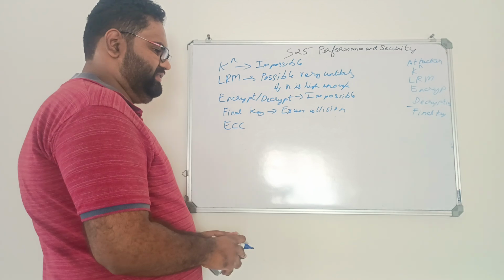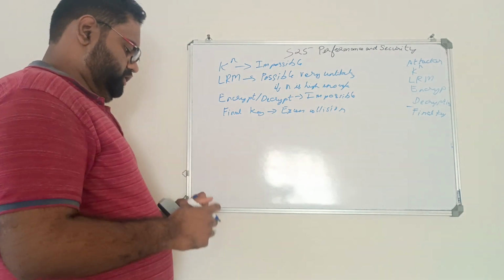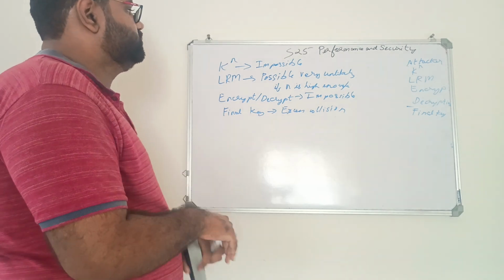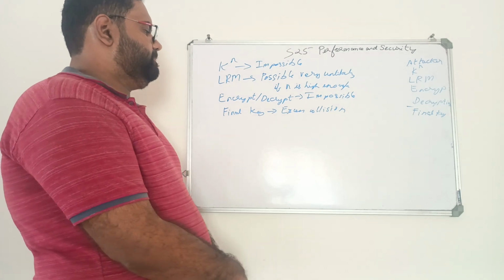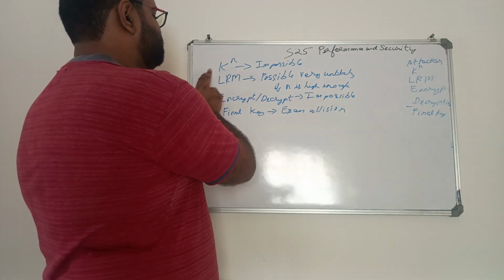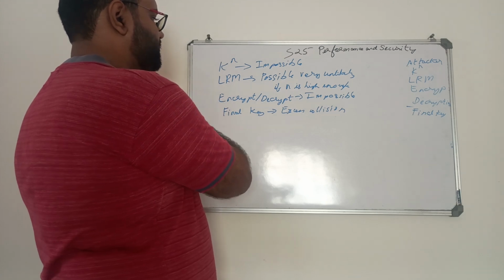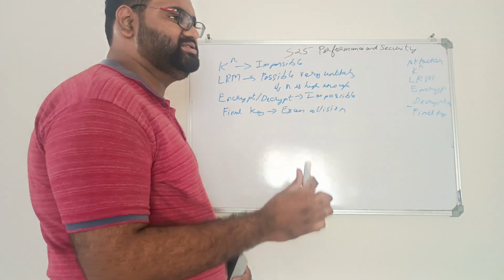Of course, that happens even with BB84. Okay, so that is the performance and security of S25. Without Kn it is impossible, without the LRM it is possible. Okay, so now what happens if one of the messages is missing?